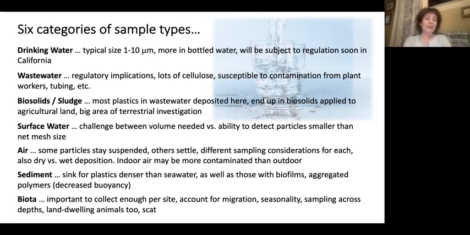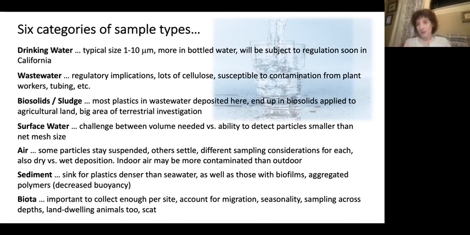And then sediment is a sink for plastics denser than seawater. We know that there are estimated to be about twice as many microplastics on the floor of the ocean than there are in the surface, as well as those plastics with biofilms, for example. That's going to change their density, and they may be more likely to sink.